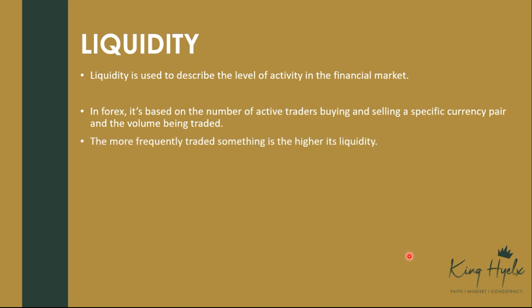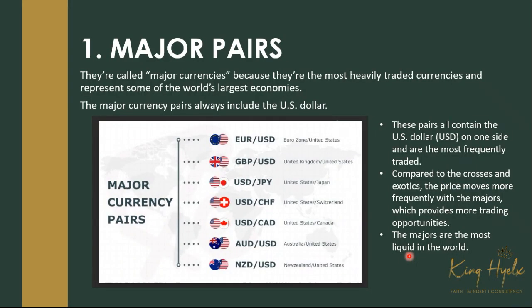The more frequently traded something is, the higher its liquidity. We just established that the major currency pairs are the most traded, so they have higher liquidity, with a higher number of buying and selling going on. That's why we said they are the most liquid in the world. I hope that concept makes sense.